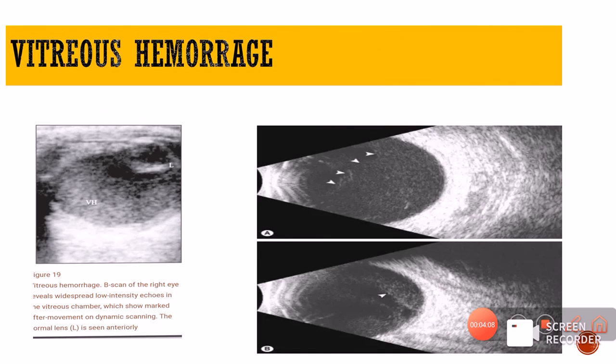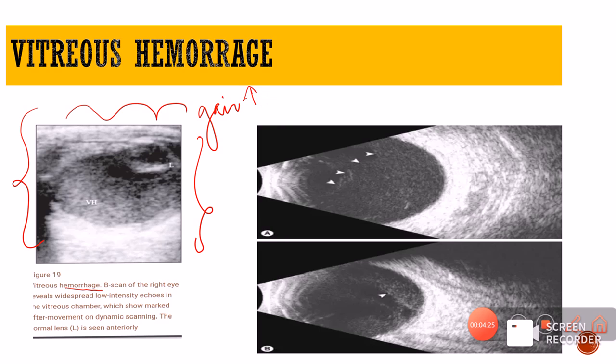Now this is again a picture showing vitreous hemorrhage, and as you can see, in this also widespread dots are present, right? This picture looks very whitish to you because the gain has been increased, so that we can see the vitreous hemorrhage more clearly. This is showing low intensity echoes in the vitreous chamber.